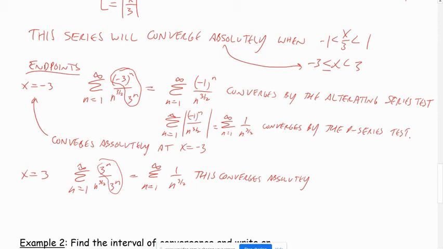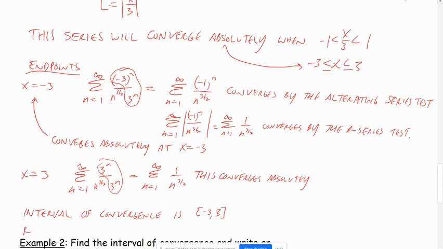And so our interval of convergence, now we can say it converges absolutely at both endpoints and throughout the interval. So the interval of convergence is -3 to 3. It doesn't converge conditionally anywhere.